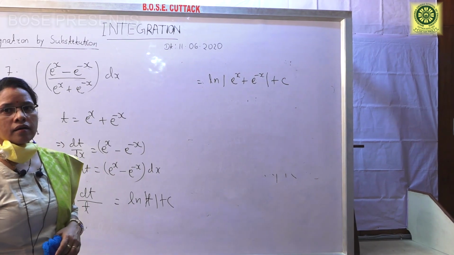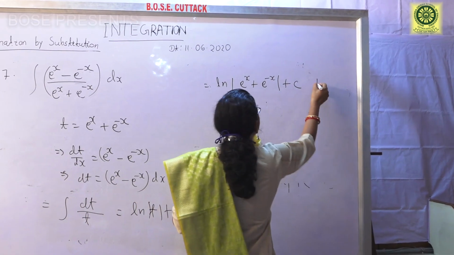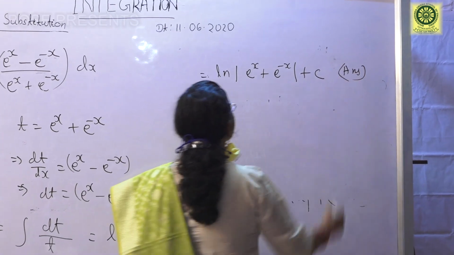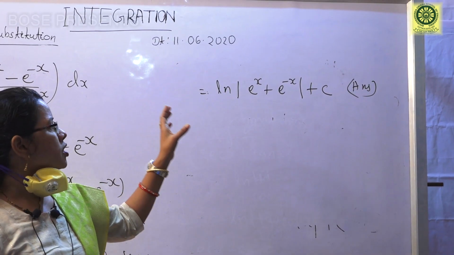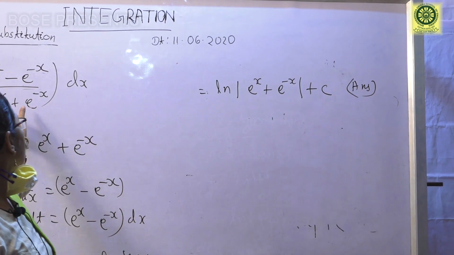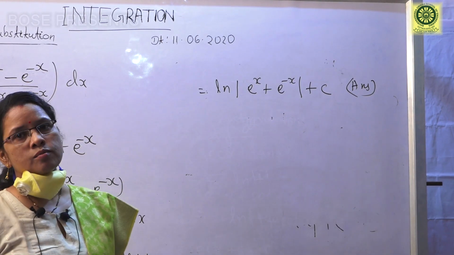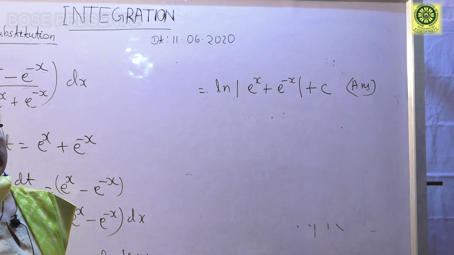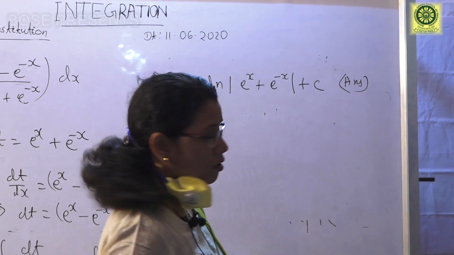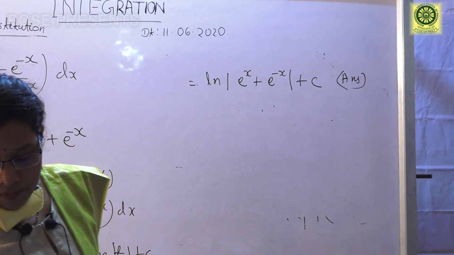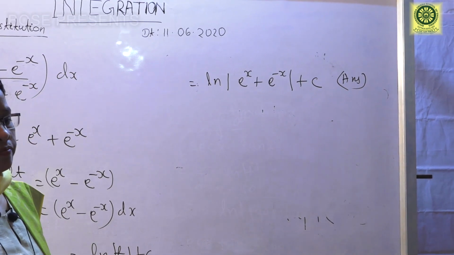Okay, this is your required answer. That is, the integral is ln modulus of e to the power x plus e to the power minus x plus integrating constant. Okay, now let us come to the assignment problems.